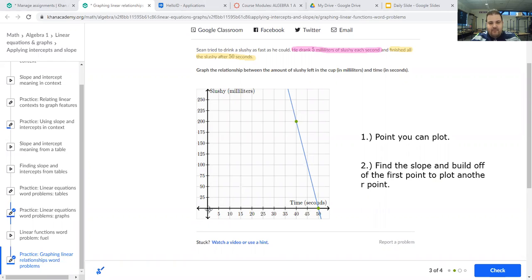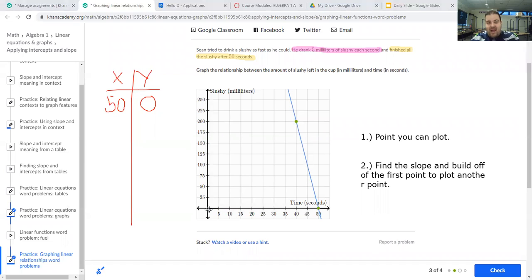He drank 5 milliliters of slushie each second. That's the slope. Every second, 5 milliliters. If I create a quick little XY table, at 50 seconds, there's no slushie left.